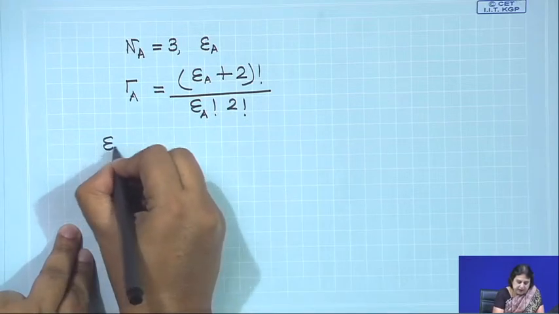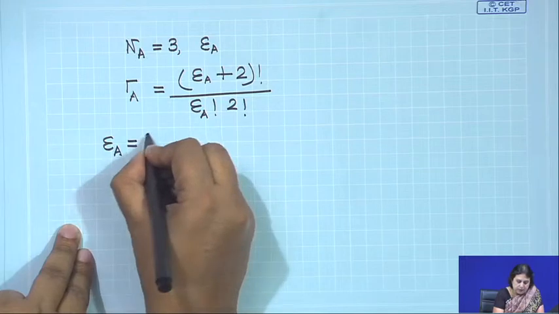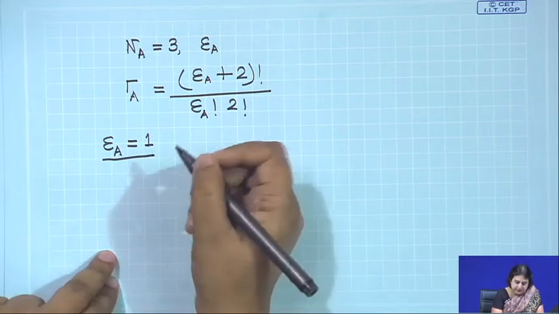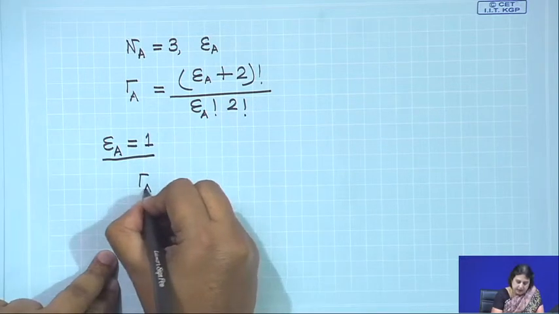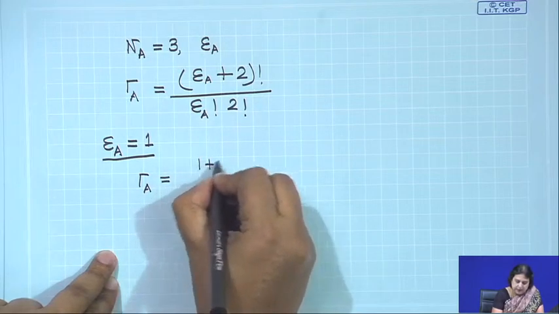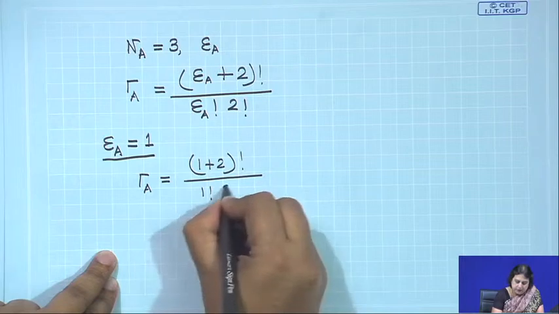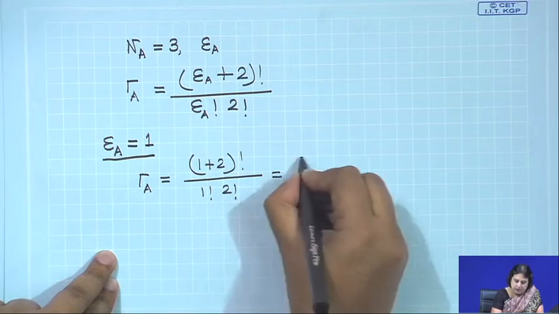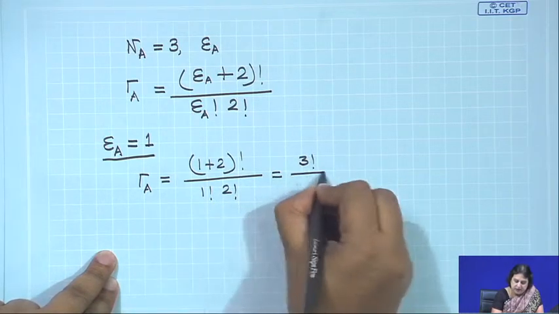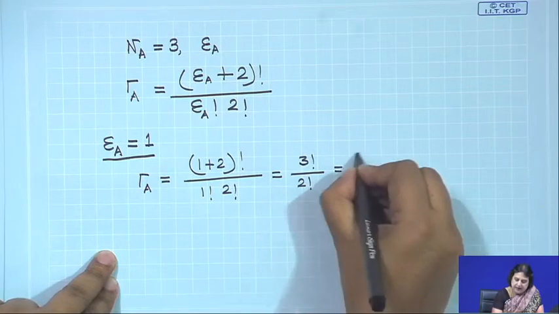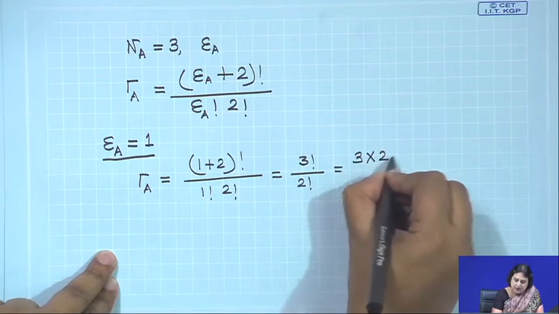Now, I have taken epsilon A equal to 1. Then gamma A is going to be 1 plus 2 factorial divided by 1 factorial into 2 factorial. So, this is 3 factorial divided by 2 factorial, and the answer is obviously 3.